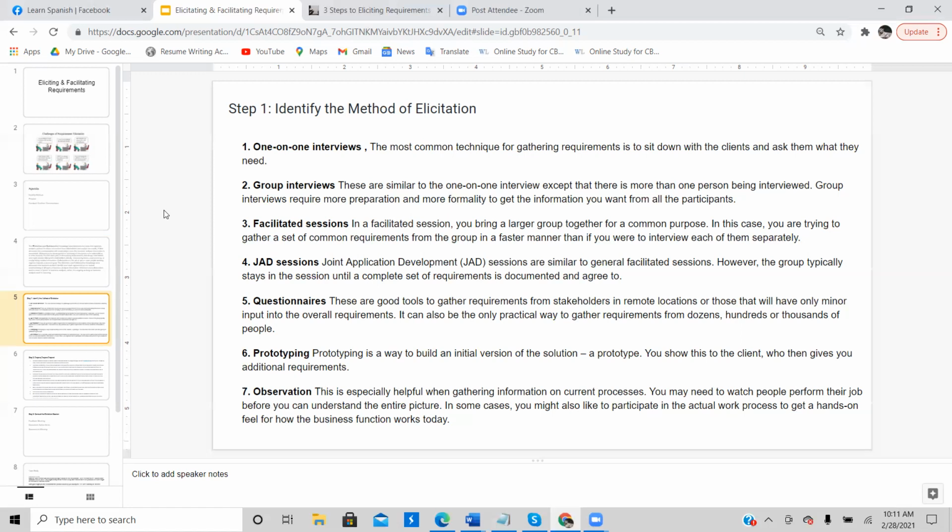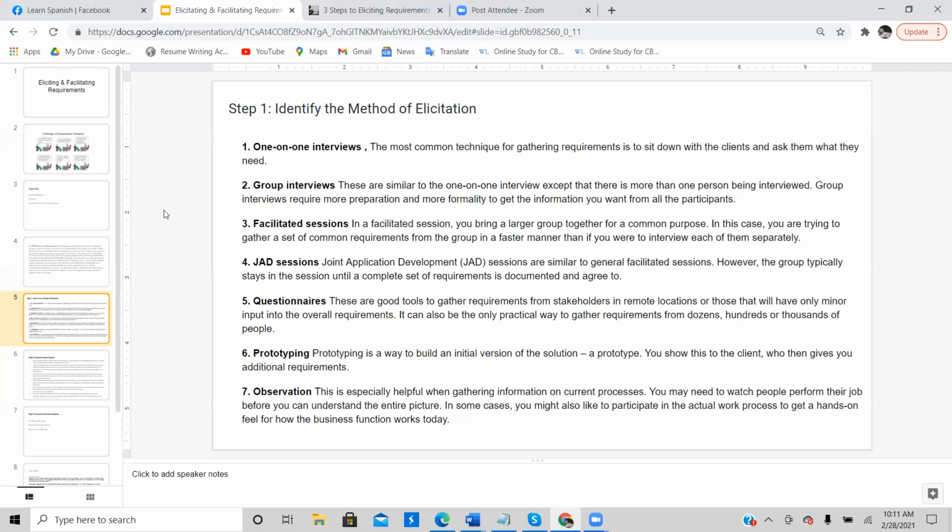Prototyping could be where your developers build a piece of that system, maybe displaying the menu screen, and you share that with your customer. The next prototype could be payment. It goes iteratively with your customer, you get rapid feedback loops, and you're gathering your requirements at the same time.